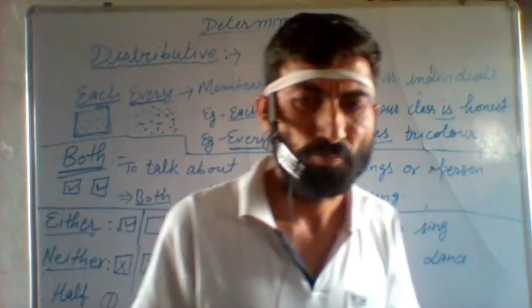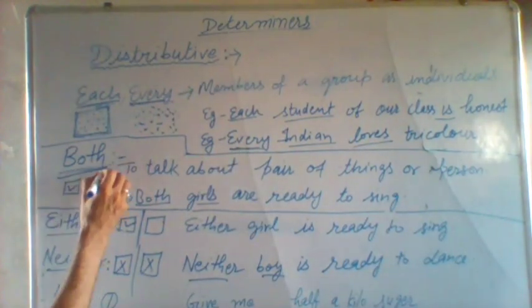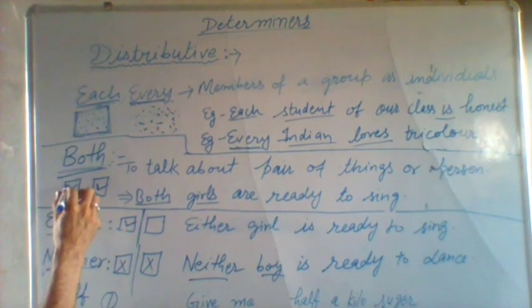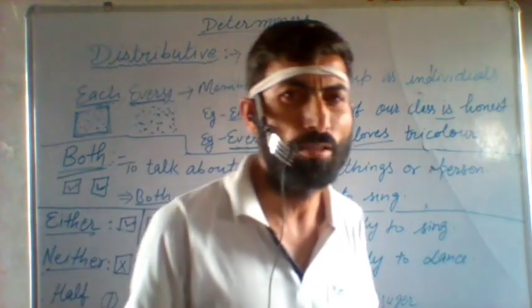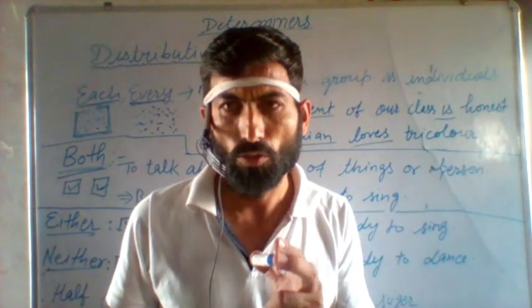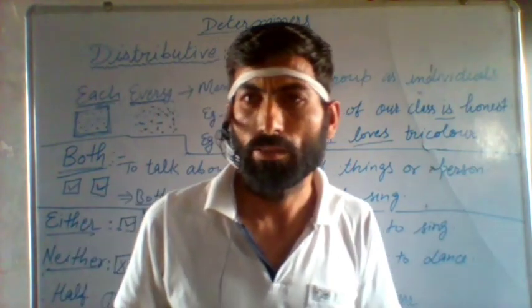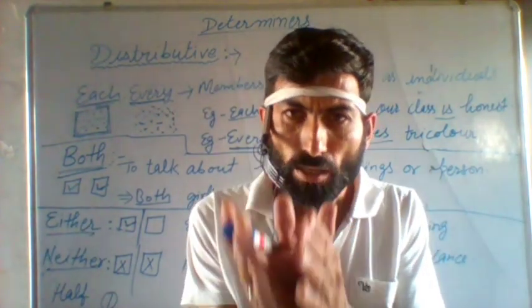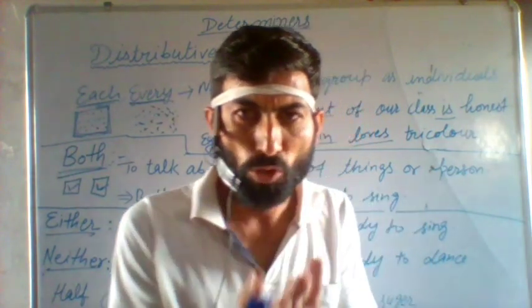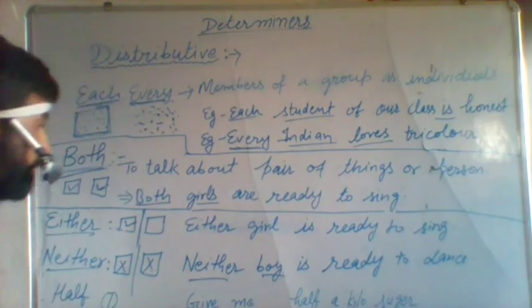Now come to the next, both. Both means a pair. When we talk about a pair of things: both Sanju and Bhavna are going to take part in the dance competition. First of all we write both, and then we write the names of the persons.